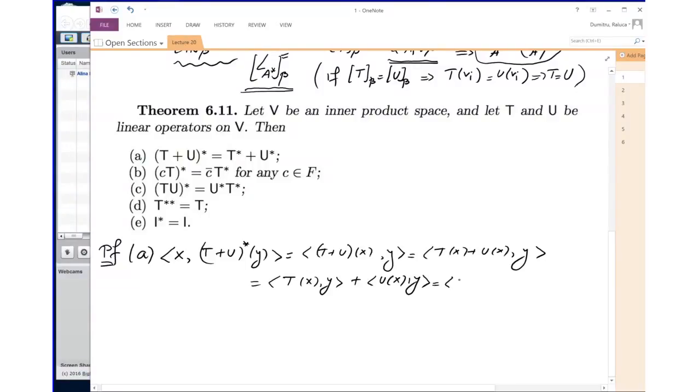Then T can be moved into the second with the adjoint. Same for U. Under addition, the inner product behaves nicely in the second as well.